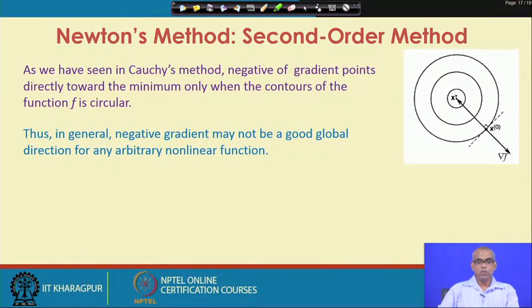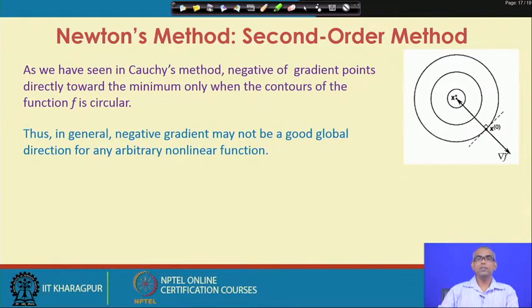We have seen in Cauchy's method that the negative of the gradient points directly towards the minimum only when the contours of the function are circular. So, if the objective function has circular contours, then the negative of the gradient will point directly towards the minimum.